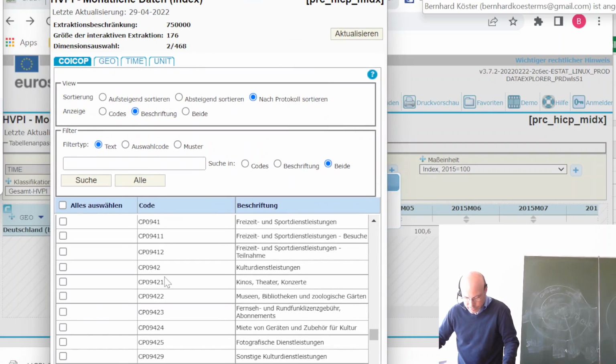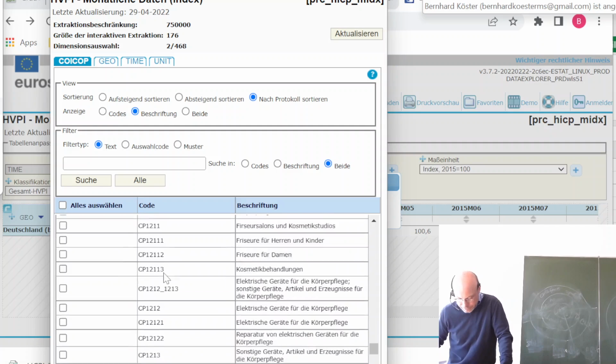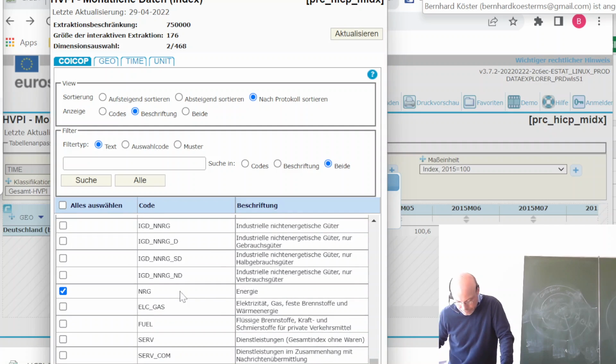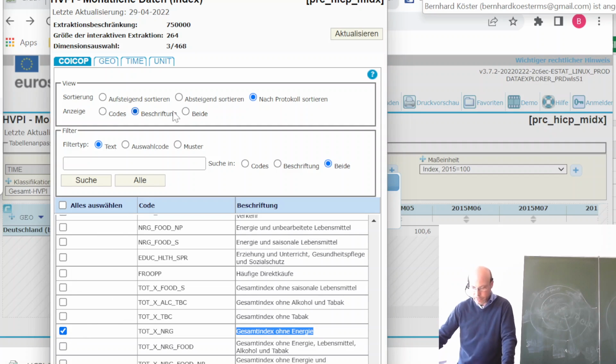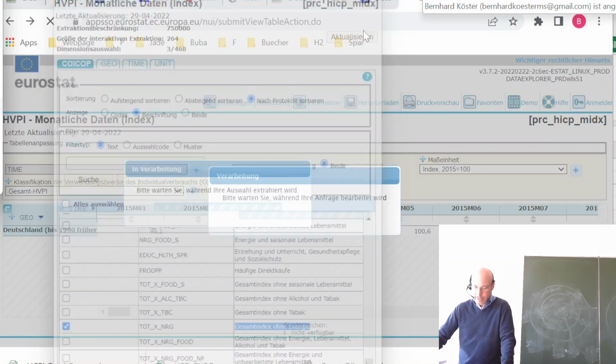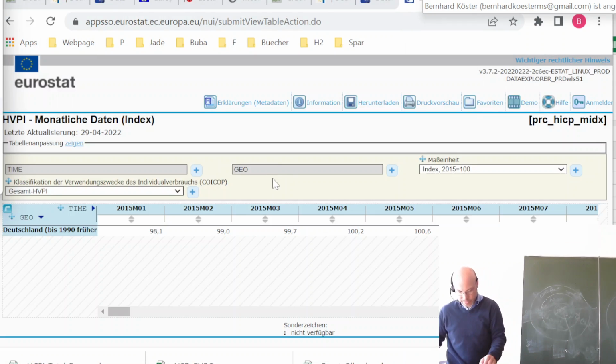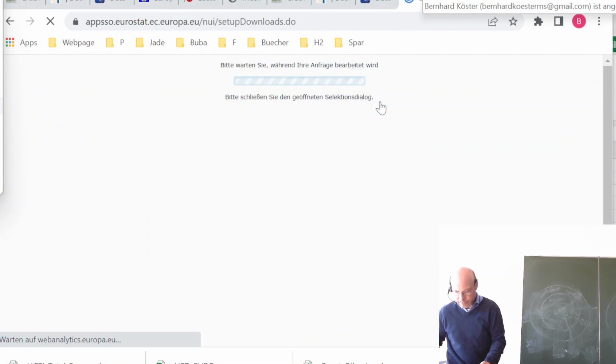Oh, I put it here that you can see it. HCPI energy, and here HCPI without energy, because there we want to make the assumption that these prices are staying constant.